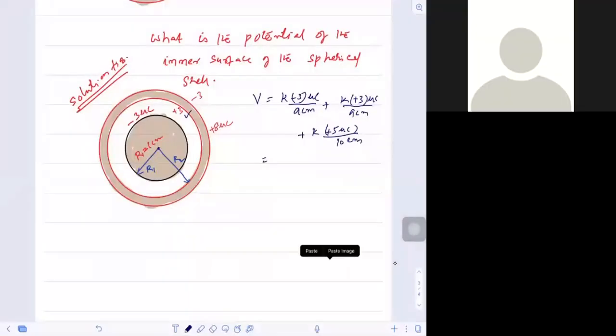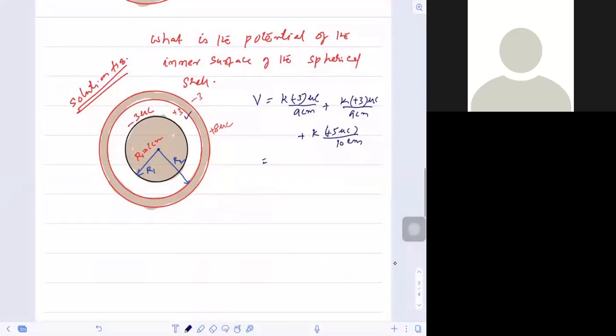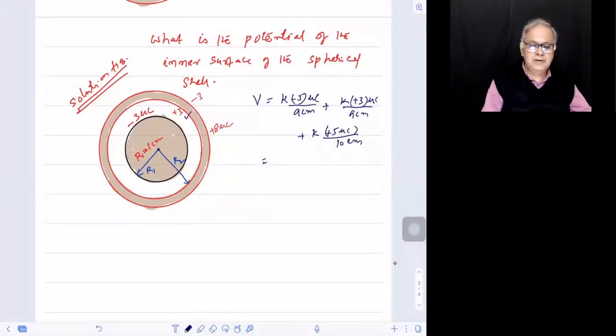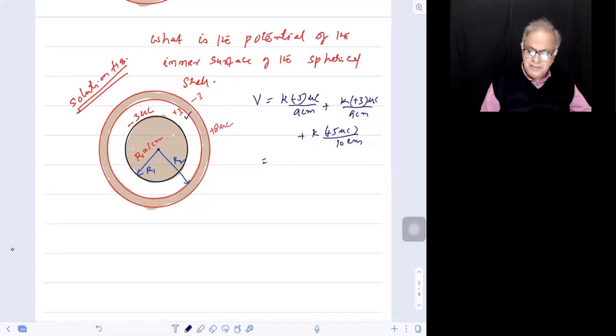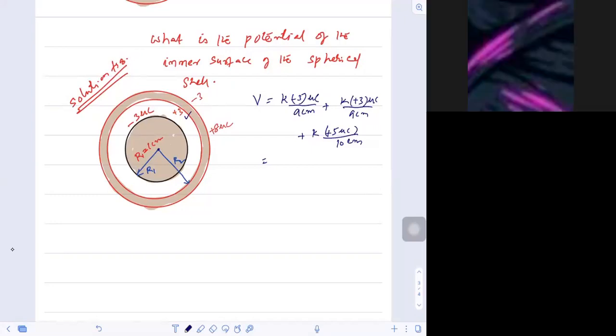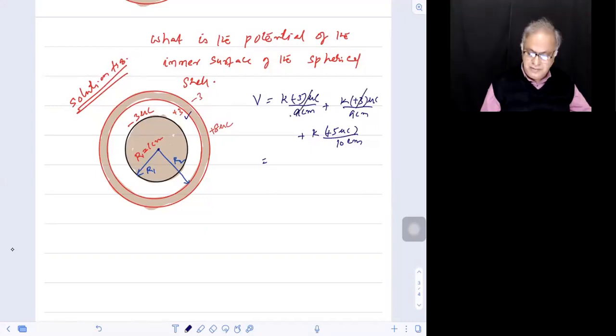Okay now? Yes, sir, now we can see. All right. We'll get K by 2 centimeters. So this gets cancelled, the first two? Yes, it gets cancelled. So what am I getting now? K by 2.